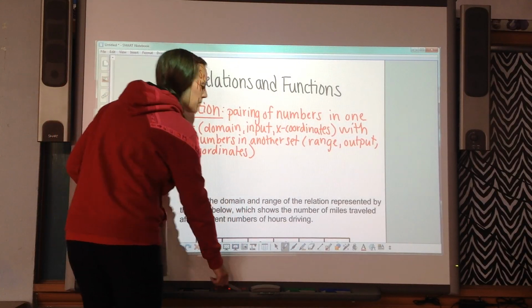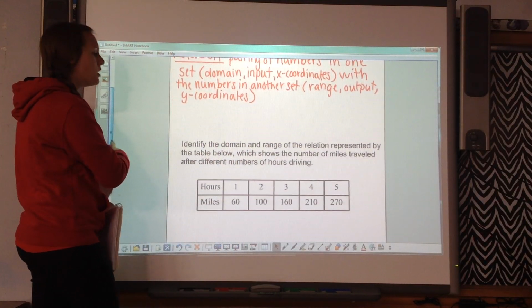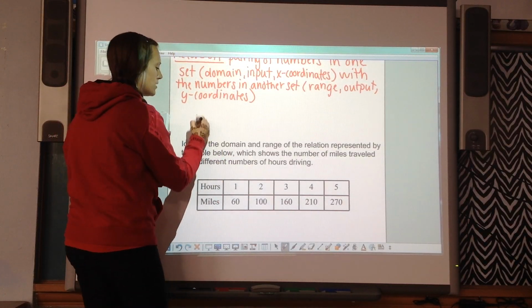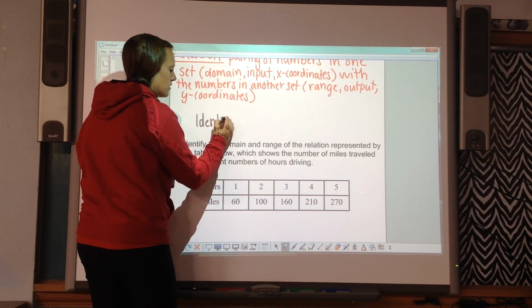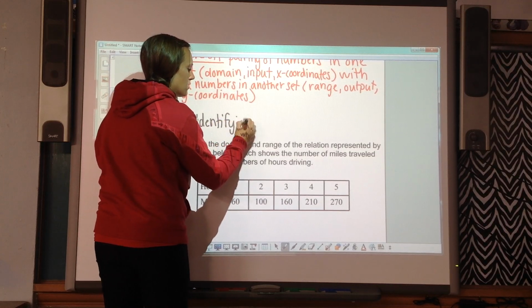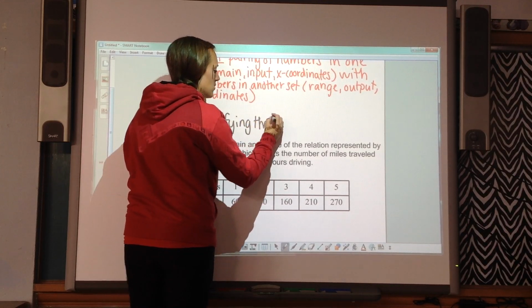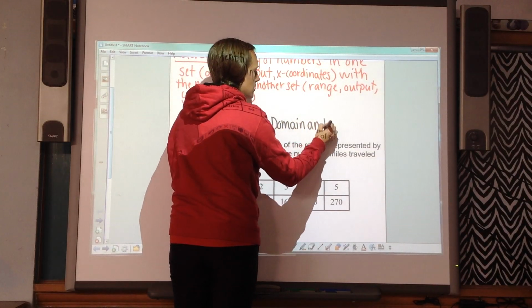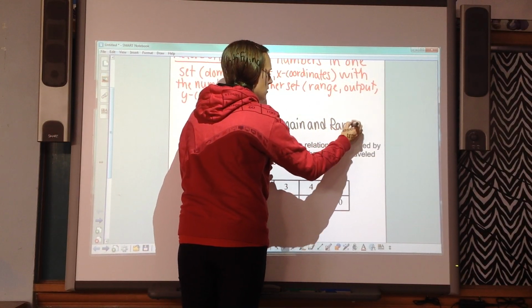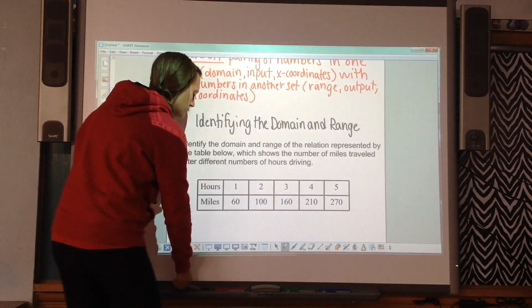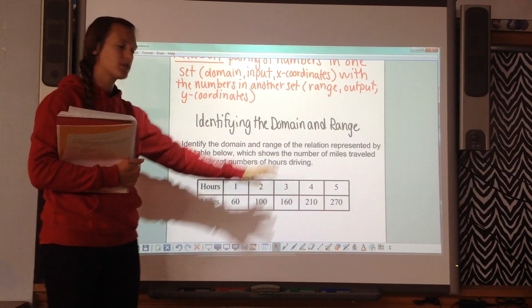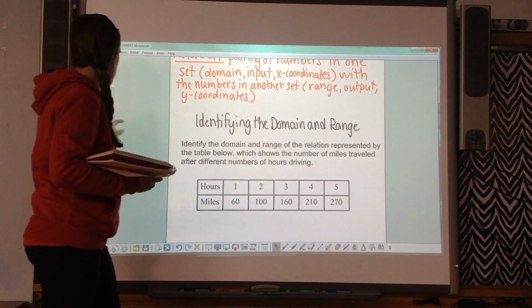So your first step on your work is to identify the domain and range. You do not have to write this chart down. You're just going to have to show the work later on. Okay.